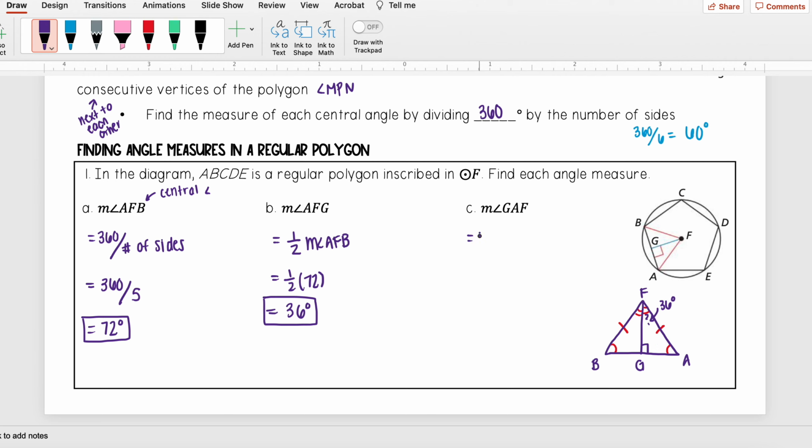This equals 180, because all the angles of a triangle add up to 180, minus my 90-degree angle, minus the measure of angle AFG. So I get 180 minus 90 minus 36, and this angle will be 54 degrees.